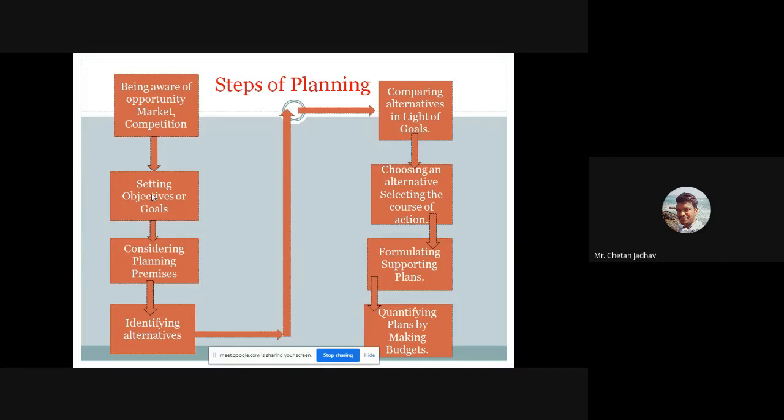Choosing an alternative, selecting the course of action. When your first main plan fails, then you can go for the alternatives. No problem. But at the time of selecting or choosing the alternative, you also have to take care of the corrective action plan.